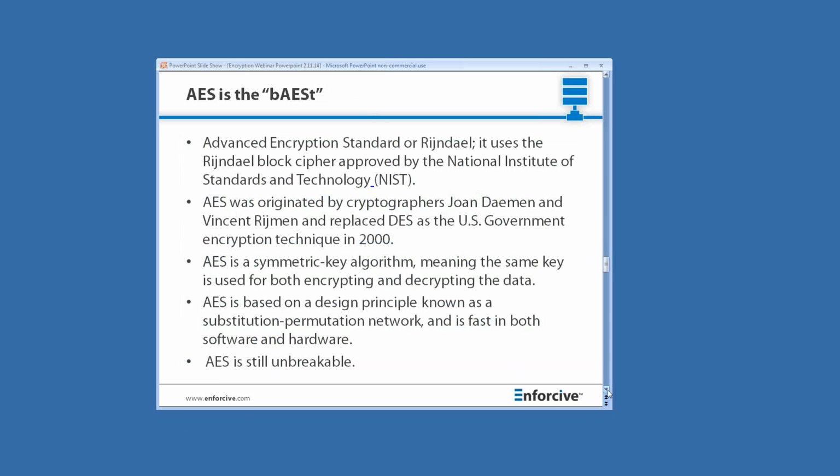All right, AES is the best. This is the only one that has not been broken yet. Right? It's still unbreakable. It was developed, you see, by who, and it is the standard now. So we are using that.